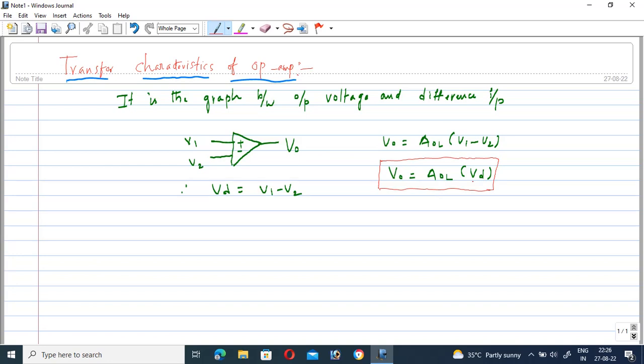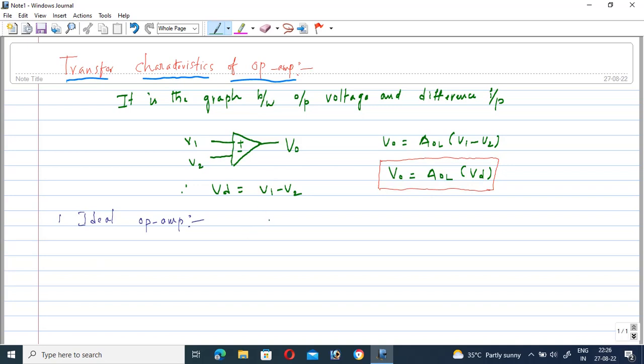Now see the transfer characteristics for the ideal op amp.